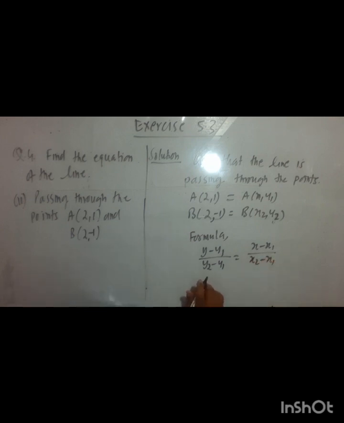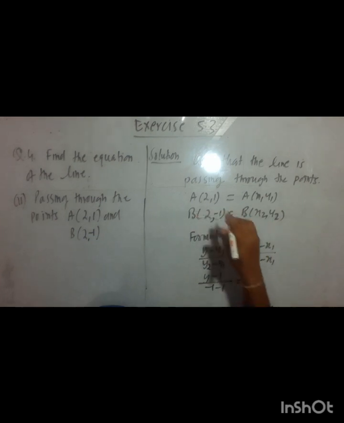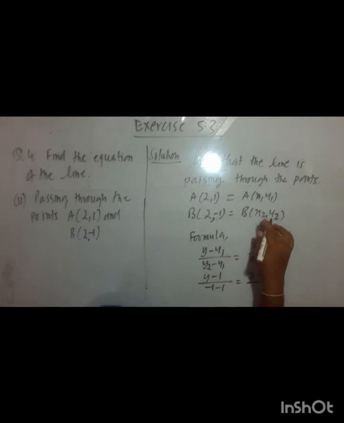Okay, so here y minus, what is y1? The y1 value is 1. The y2 value is minus 1, so y2 minus y1 will be minus 1 minus 1, is equal to, now here x minus, what is x1? 2, and what is x2? x2 is 2, so 2 minus 2.